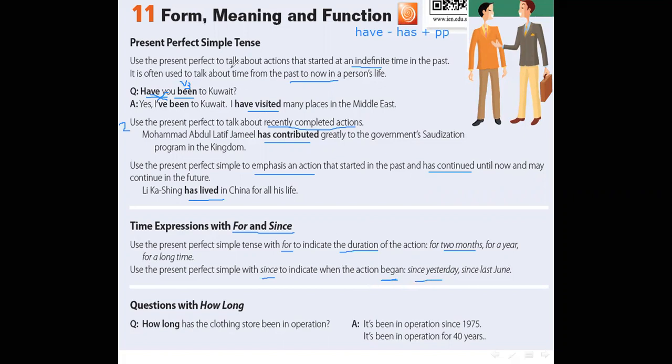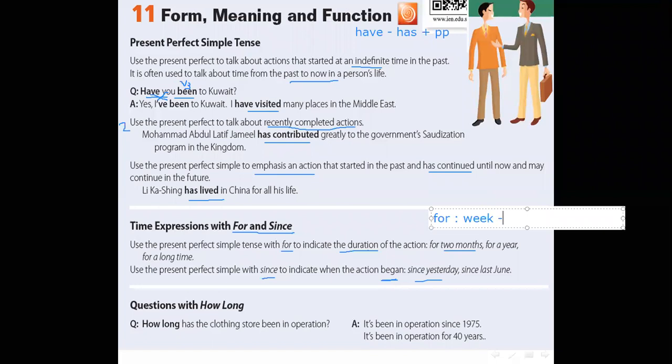Now, who can tell me another example for for and since? Excellent. We can use for if we talk about two weeks, 3 weeks.